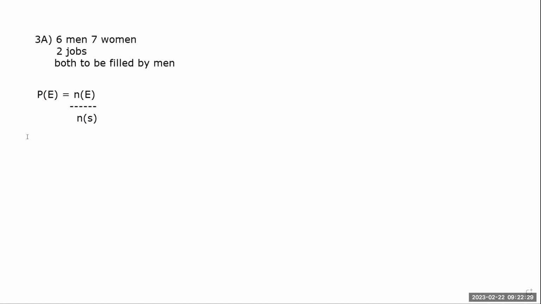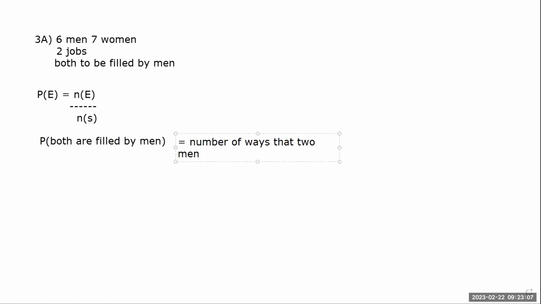So here we're going to say the probability that both are filled by men is going to equal the number of ways that 2 men can be chosen from the group, right?